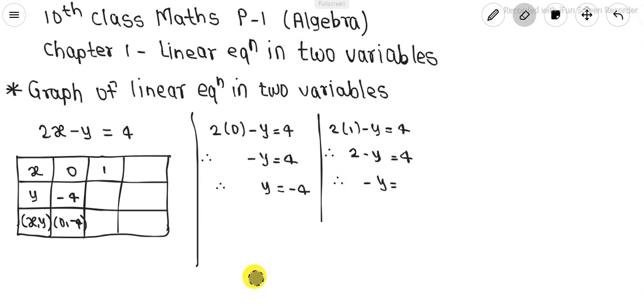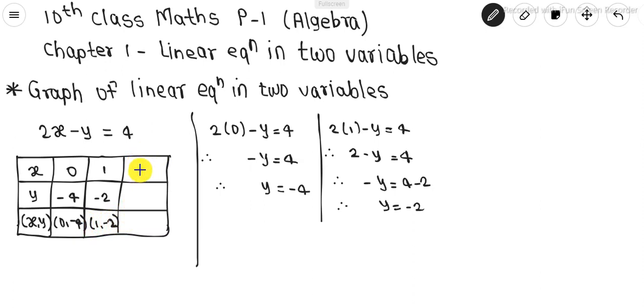Therefore minus y is equal to 4 minus 2. Therefore y is equal to minus 2. Hence if we put the value of x as 1 in the given equation, we get the y coordinate as minus 2. That is, we get the coordinates 1, minus 2.